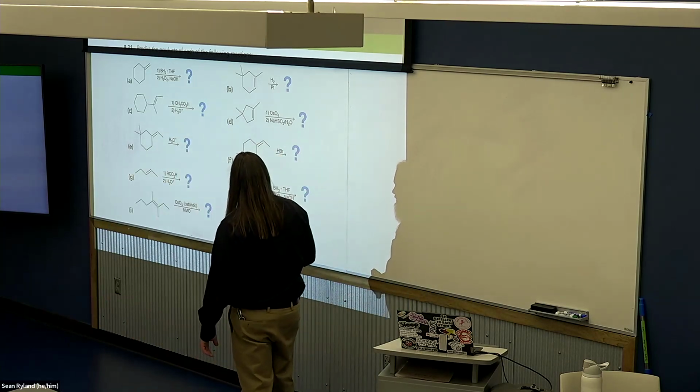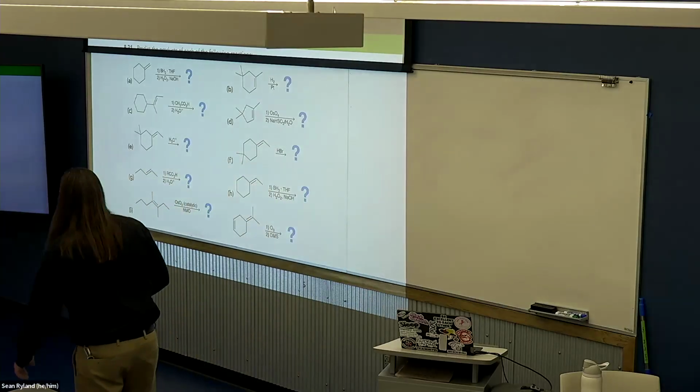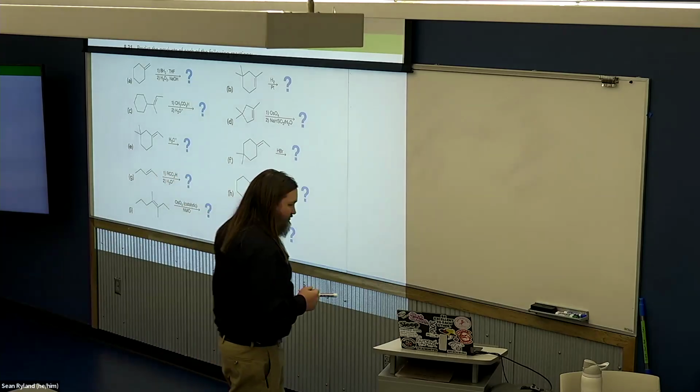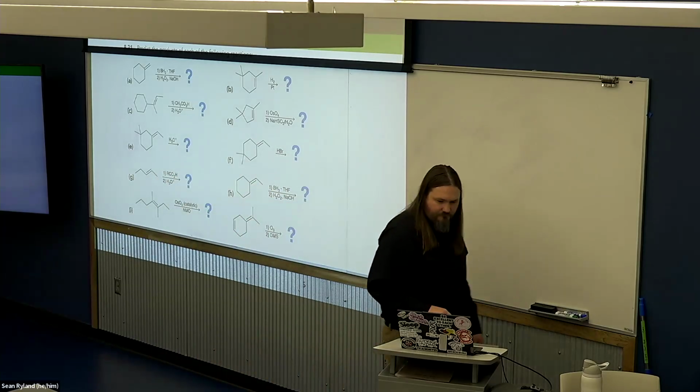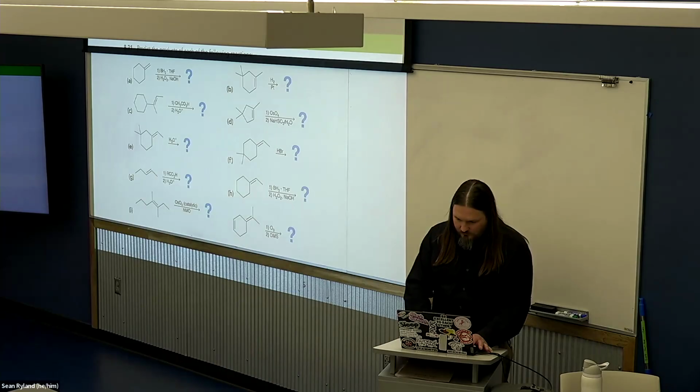Yeah, we've got a lot of stuff in here, finishing up with an ozonolysis. So I'll give you a few minutes on this, and then we'll start working through them. We're just doing the products.